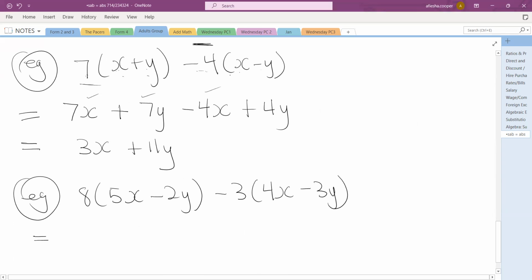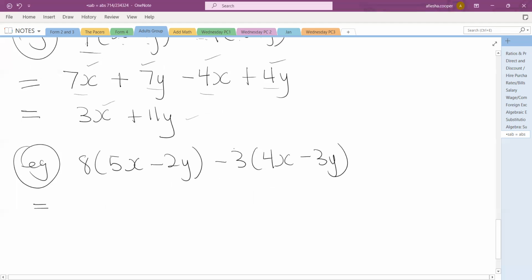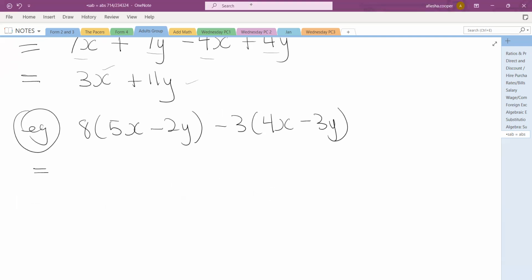Negative 4 by negative Y will give us positive 4Y, because negative 4 by negative 1 is positive 4 with the variable Y. And then we sum up our like terms, 7X minus 4X, that's 3X, and 7Y plus 4Y, that's 11Y.